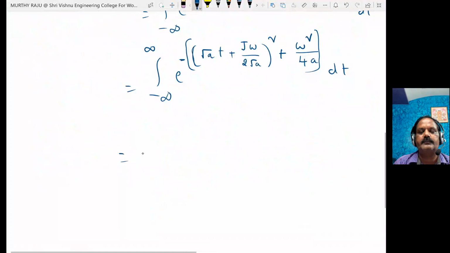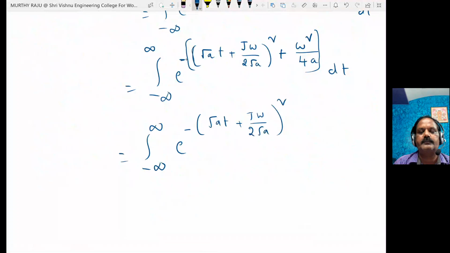That is integral from minus infinity to plus infinity e power minus root a t plus j omega by 2 root a whole square, minus into plus minus, e power minus omega square by 4a dt.